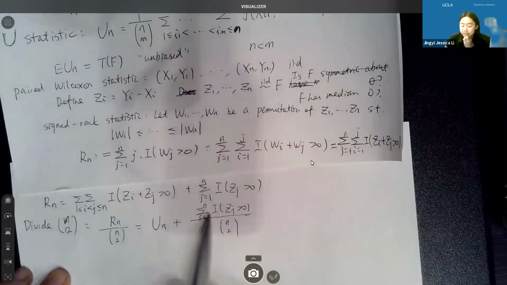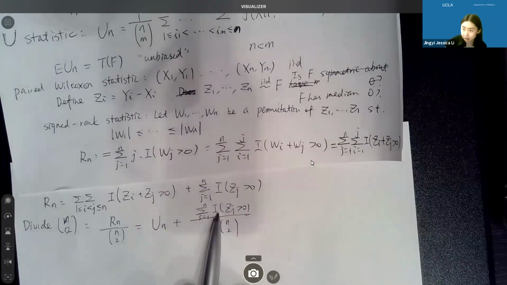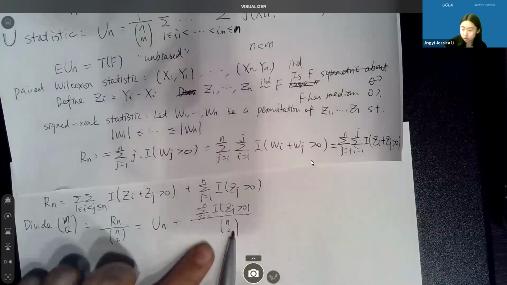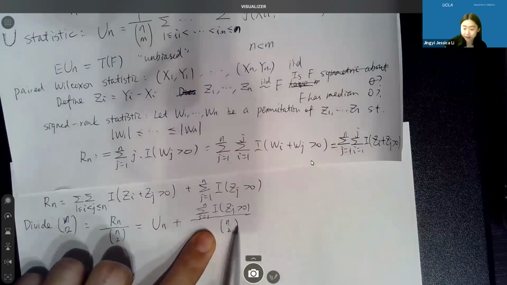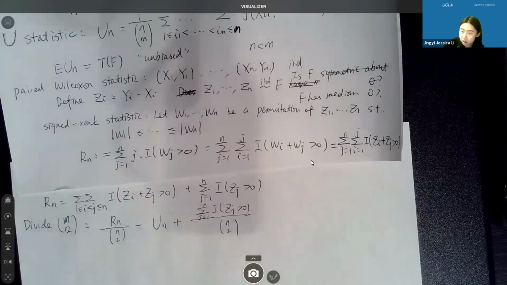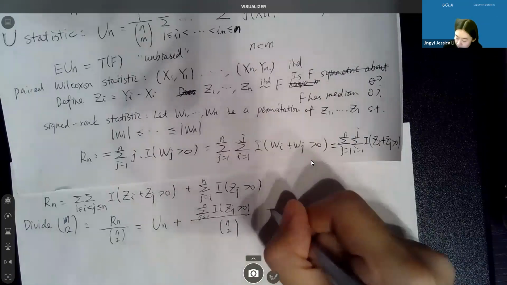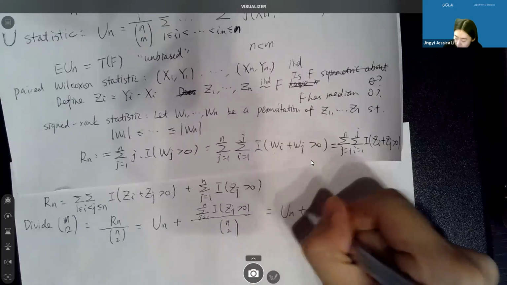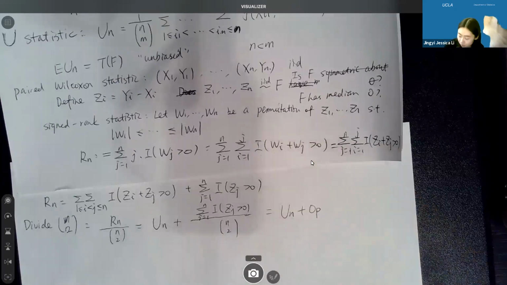So the numerator here is at most n. And n choose 2 is on the order of n squared. So this at most n divided by n squared gives me an order of 1 over n. So I can write this as Un plus big O_P of 1 over n.